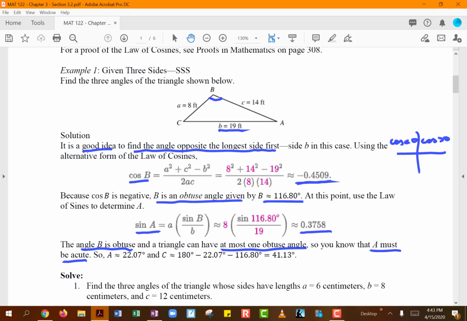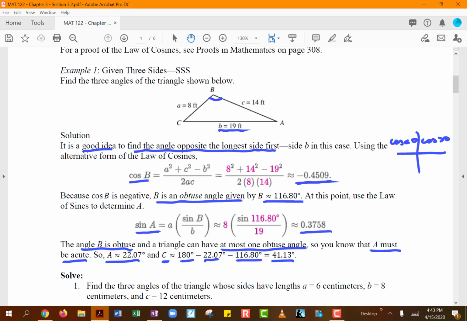So you don't need to find two different answers for angle A, because the sine function can be positive in quadrant 1 and quadrant 2, but since we know A has to be acute, you just need to find A, which will come out to be 22.07 degrees. Then using angle A and angle B, you subtract that from 180 to get angle C, which will come out to be 41.13 degrees.